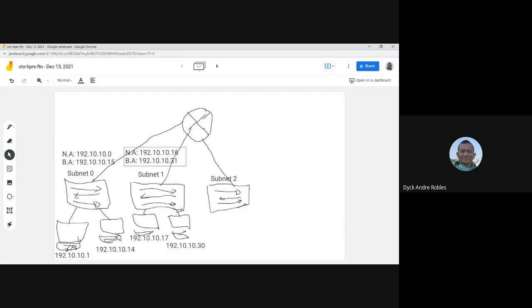That is your hint. Always check it. If the first IP is even, there is something wrong with your network address. Understood?